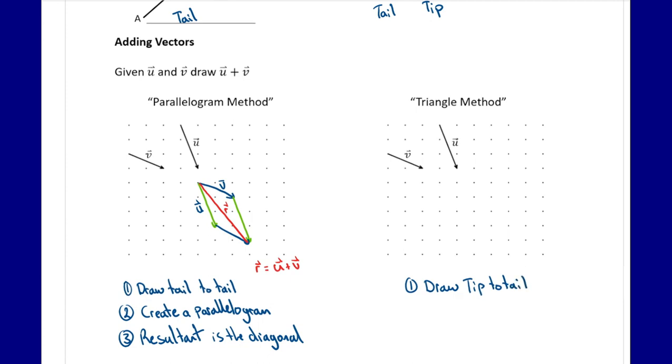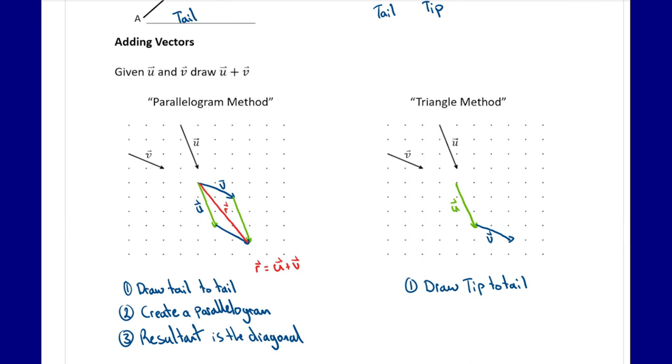Basically we're going to join them together like a continuation. I'm going to start with U. It doesn't really matter which one you start with. And then I'm going to put V right at the tip of U, tail to tip. So there I have V now.